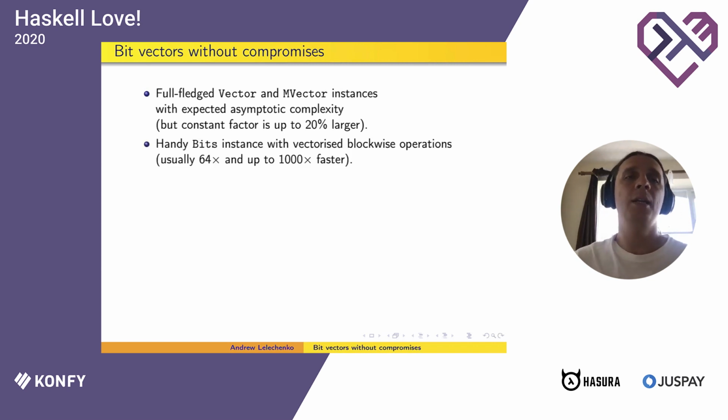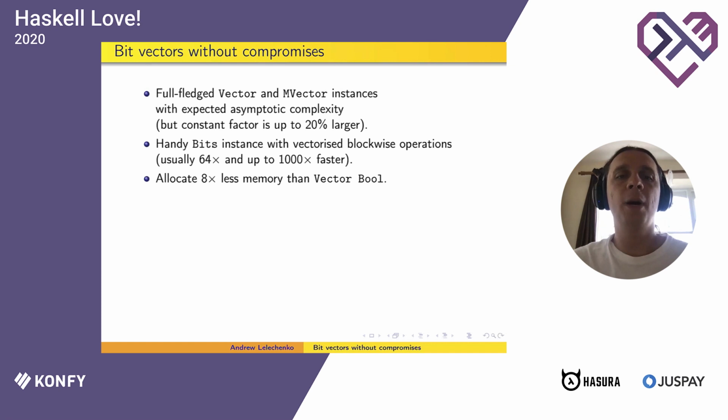We also have a handy Bits instance with vectorized operations, so they're usually at least 64 times faster, and if we are fortunate to have libgmp available, it's up to 1000 times faster for some kinds of payload. Again, we are not compromising our memory requirements. We are storing each bit in 1 bit, so it's 8 bits per byte and 64 bits per word.